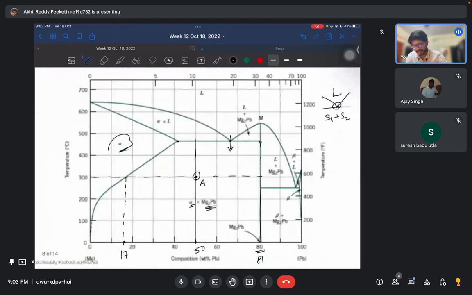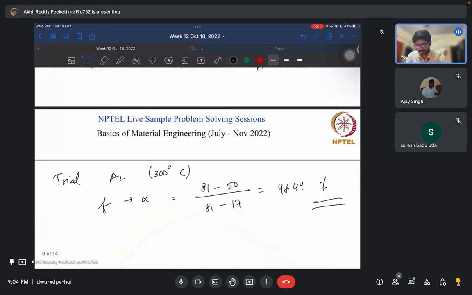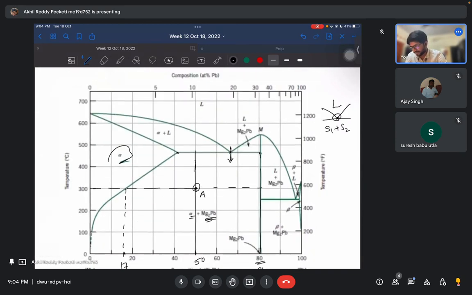So what I am trying is, I chose some temperature 300. At that, if I do the fraction of alpha, I am getting only 48%. Now, can you tell me which direction should I go? What should be my next trial? Above or below 300?